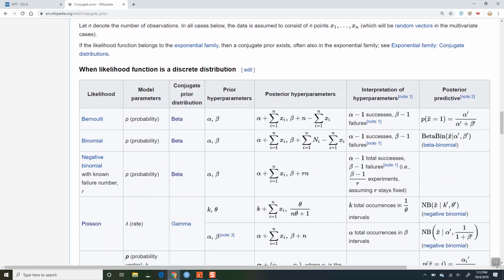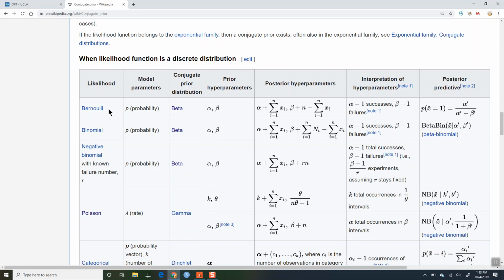They've got a few examples, but here we see the Bernoulli likelihood combines with the beta distribution as the prior. So if our data comes from the Bernoulli distribution, as in this baseball situation where the outcome is either a successful hit or a failure, an out, the corresponding conjugate prior is the beta distribution.